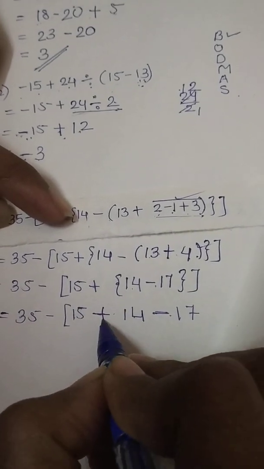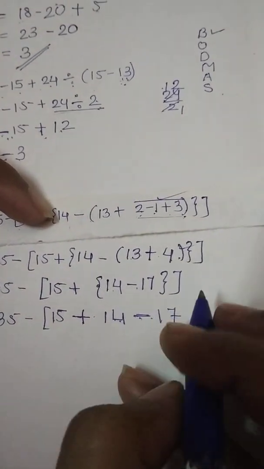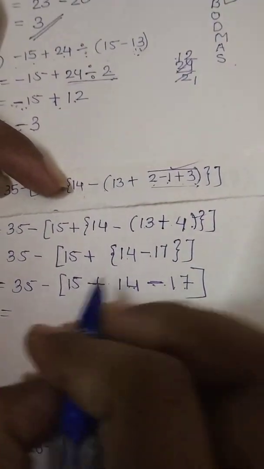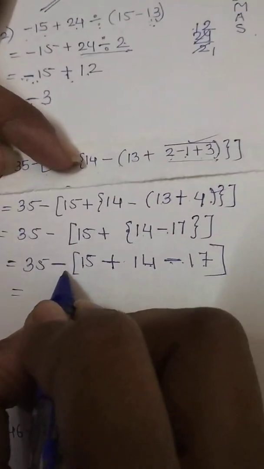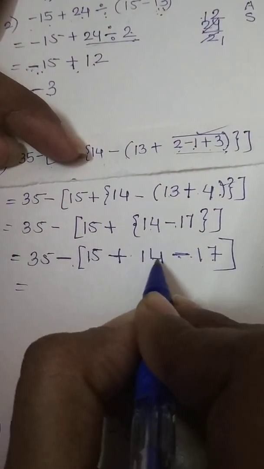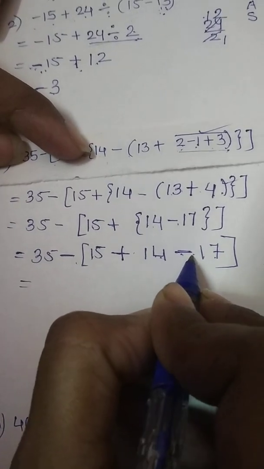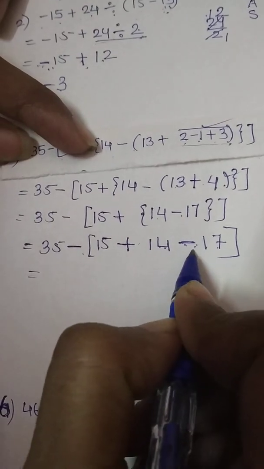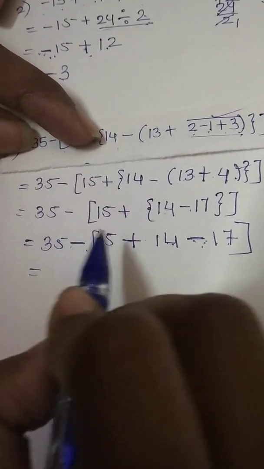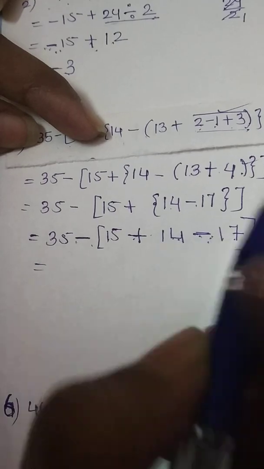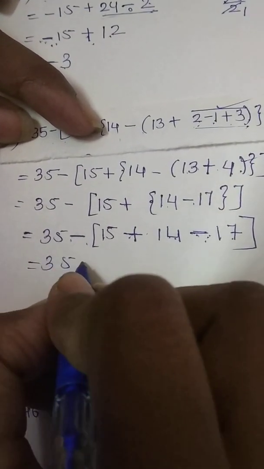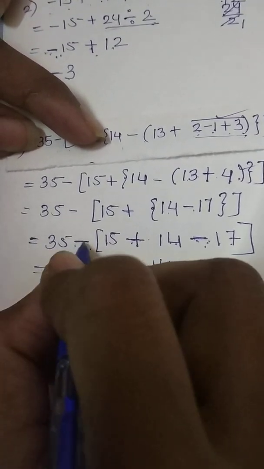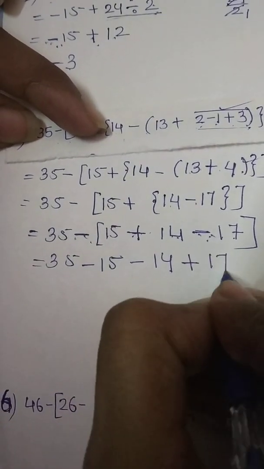So 15 plus 14 minus 17 bracket close. When you close the bracket, here I can see another sign, the minus sign. So the rest of the numbers are going to change. The number with plus will become minus and minus will become plus, because minus plus minus, minus minus plus. So 35 minus 15 minus 14 plus 17.